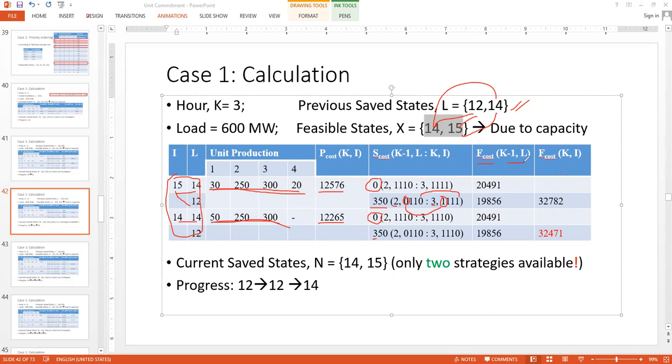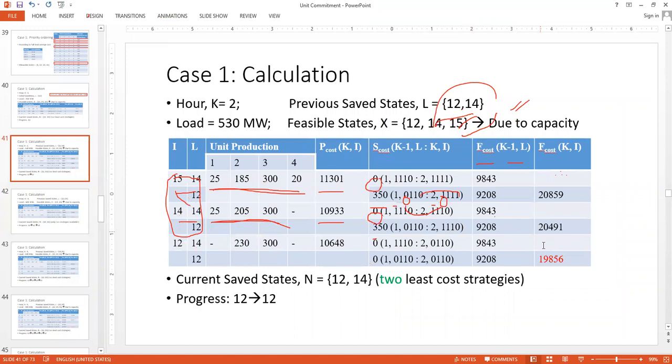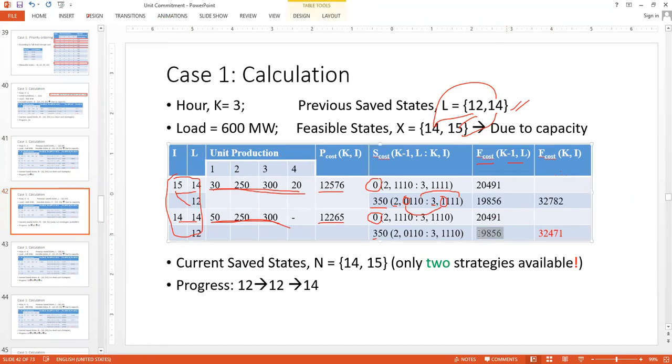Now the F cost K minus 1, L, you will take it from the previous table. So you take 19,856 and 20,491. So now you will see only these two: 19,856 and 20,491.